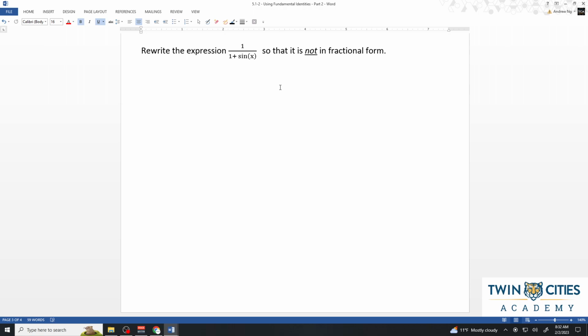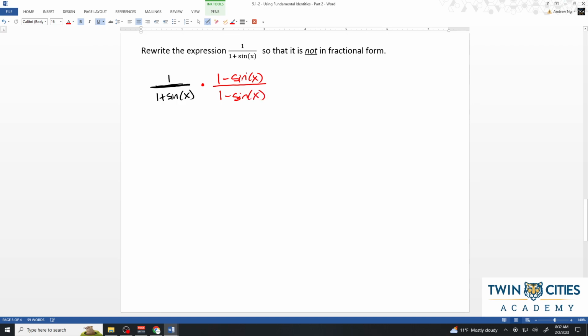One of the things that, like I said, not intuitive, I'm going to take this 1 over 1 plus sine of x. Let me rewrite it here. 1 over 1 plus sine of x. I'm going to multiply this by 1 minus sine of x over 1 minus sine of x.